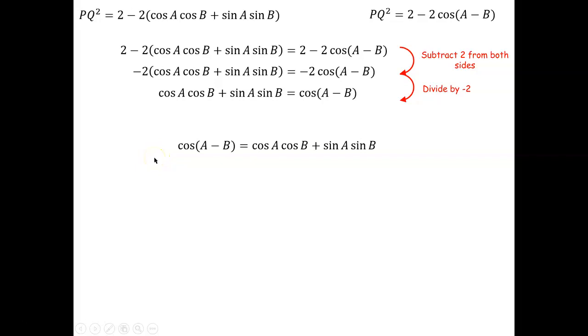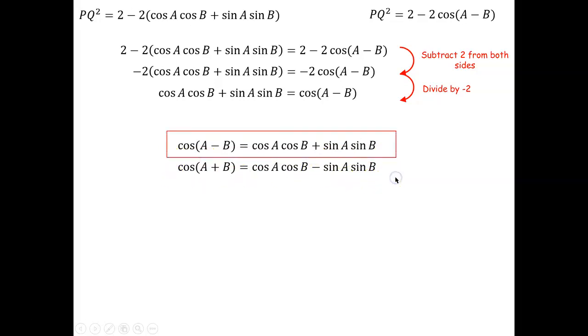And using similar steps to the ones I've just gone through, I can also get this identity for cos (A plus B). And we can also do something similar for sine (A plus B) and sine (A minus B).